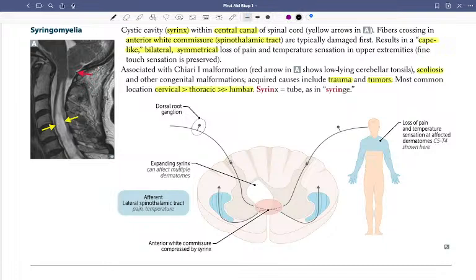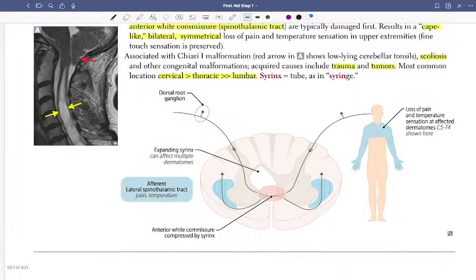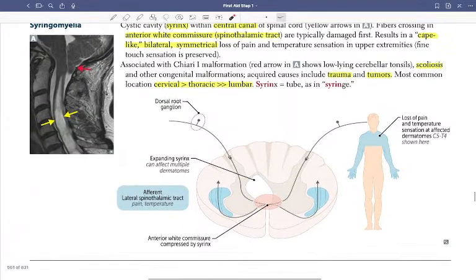Chiari 1 malformation is related to this, as are scoliosis, trauma and tumors. Most commonly it is cervical, thoracic, lumbar, from top to bottom. Cape-like deformity is important, and the tract involved is the spinothalamic tract.